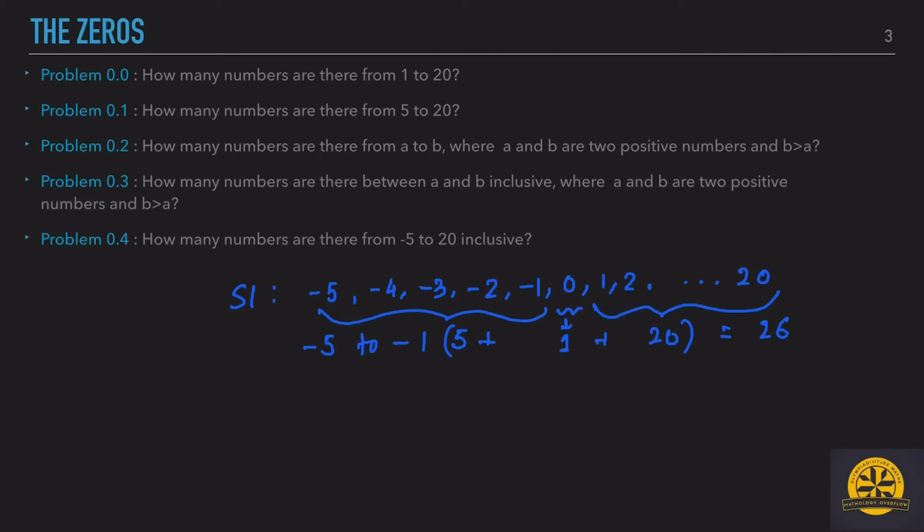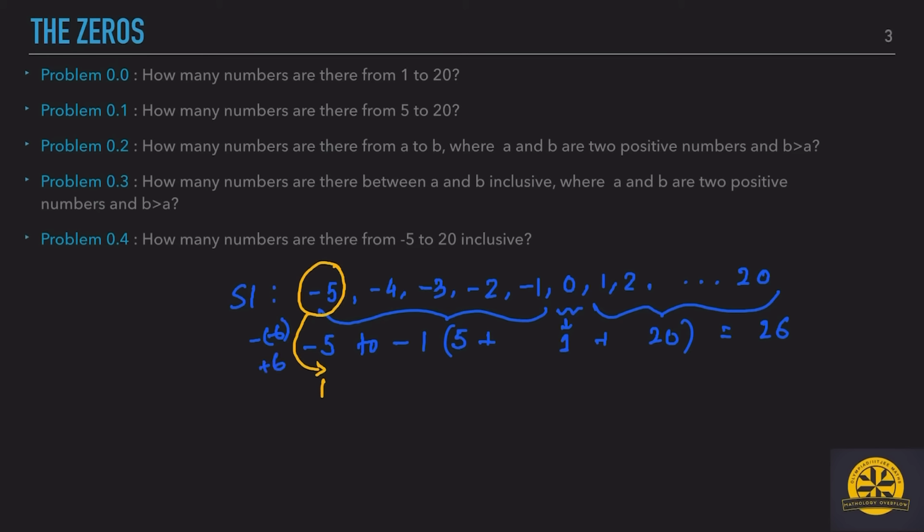But let's look at it in another fashion. Let's try to convert the minus 5 to 1. What operation do we need to do? We can either deduct minus 6 from minus 5 or add 6 to minus 5.